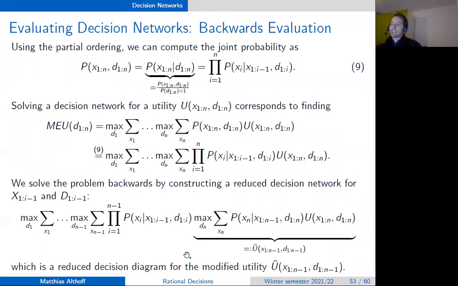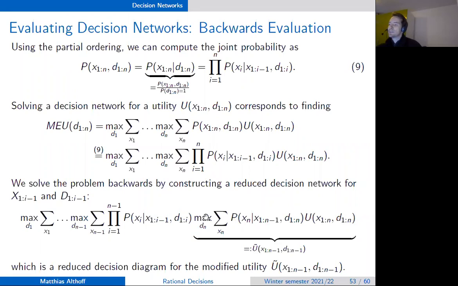I mean, that is essentially the main formula. And the last part, when you make the decision for decision variable n, is just a summation of probabilities multiplied with utilities, which is nothing else than the optimal utility given this optimal decision dn.